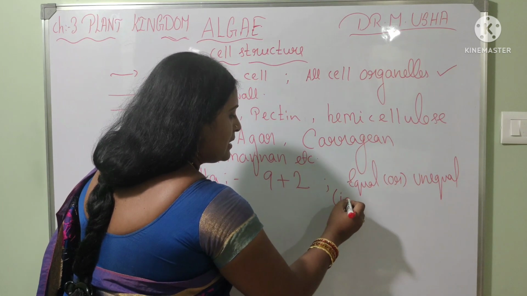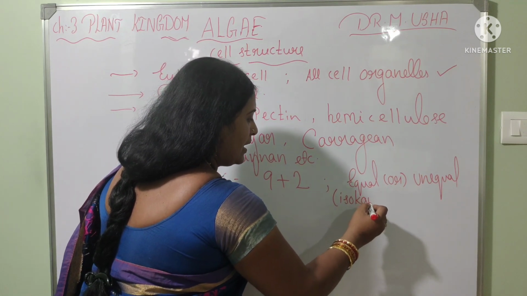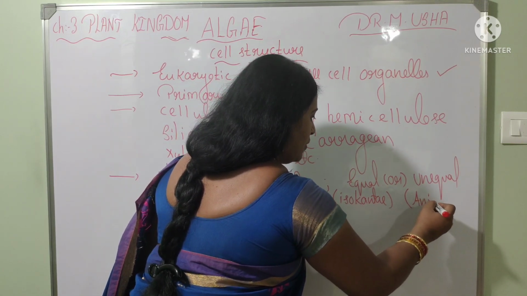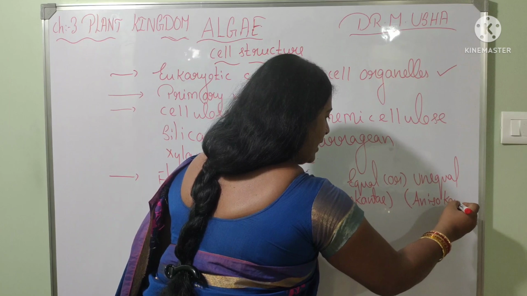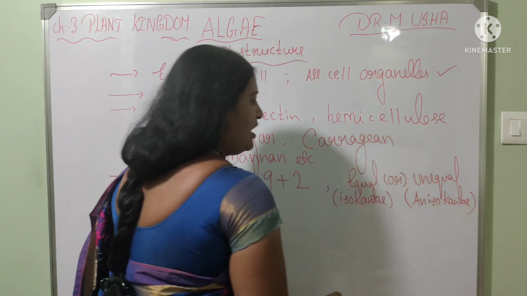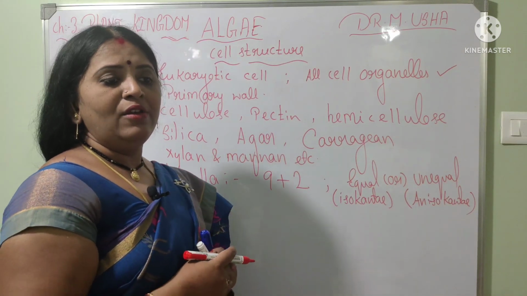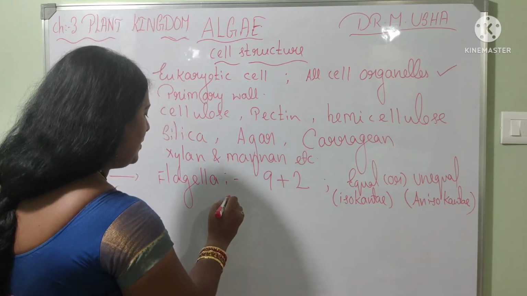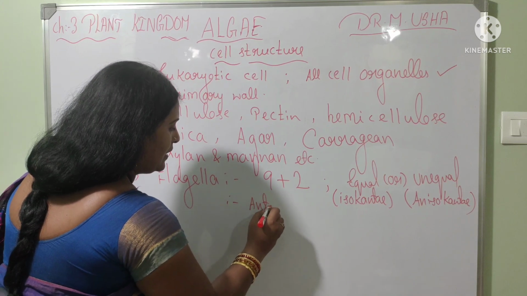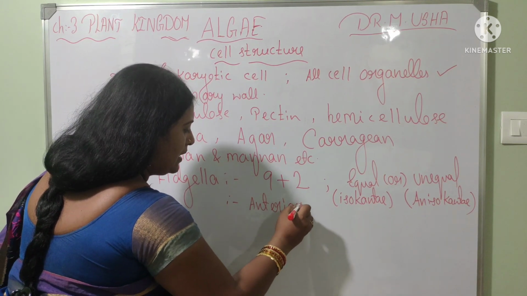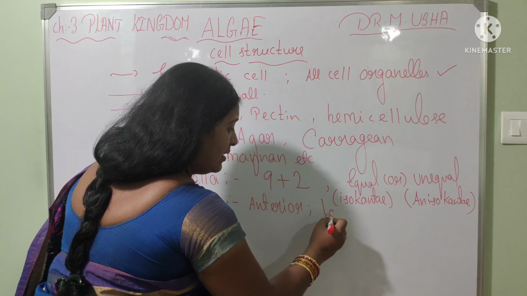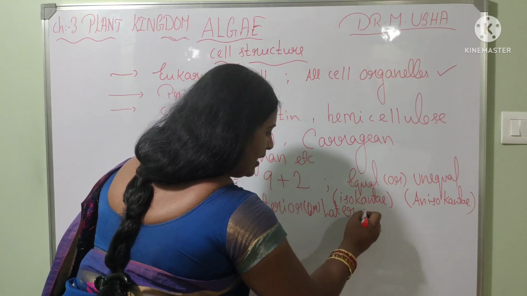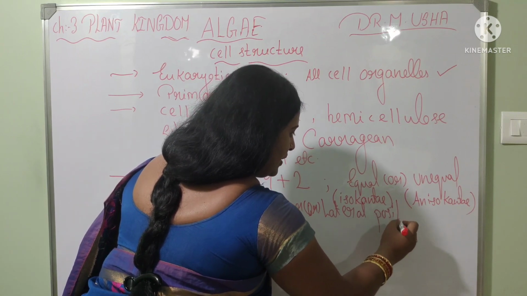Equal is called isokont, unequal is called anisokont. Technical terms: equal flagella, unequal flagella. Their position is also different; it may be anterior or lateral in position.